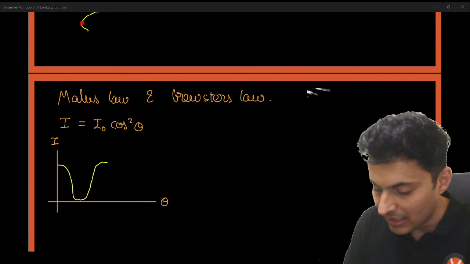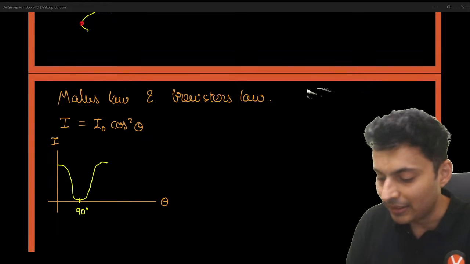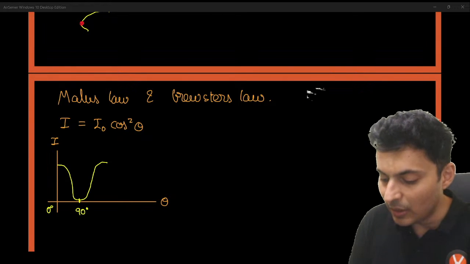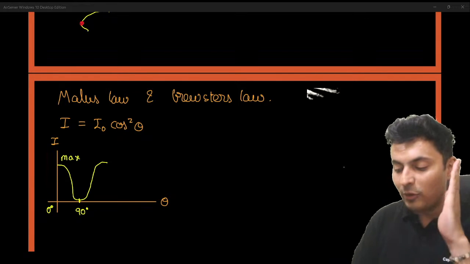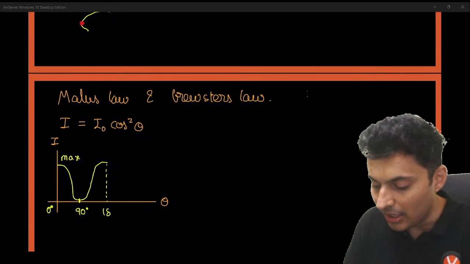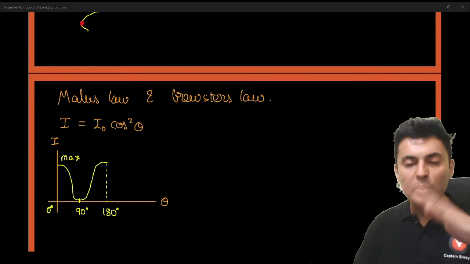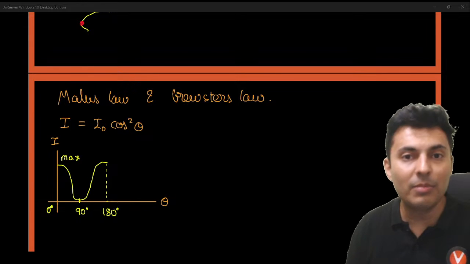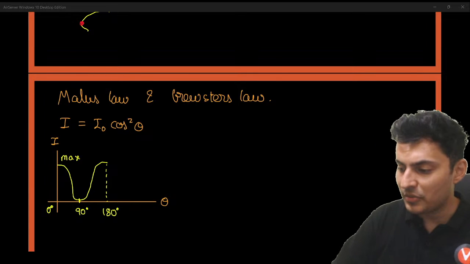It becomes zero intensity at 90 degree, and maximum intensity at zero, or even at 180 degree, and it keeps on repeating itself. So at 90 degree and 270 degree, nothing passes. At 0 degree and 180 degree, maximum light passes.